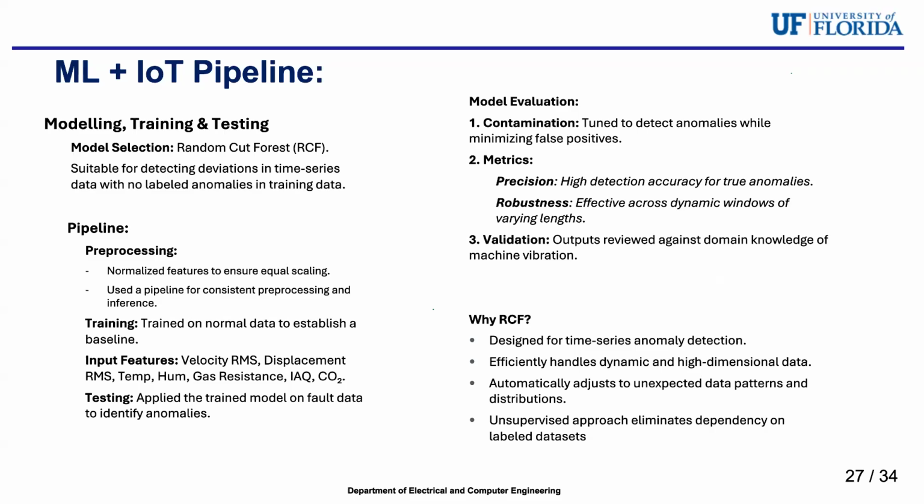It's hard to label everything for each and every case, and we have high volumes of information coming from each machine. To break it down, this algorithm is effectively trained on the normal working conditions.